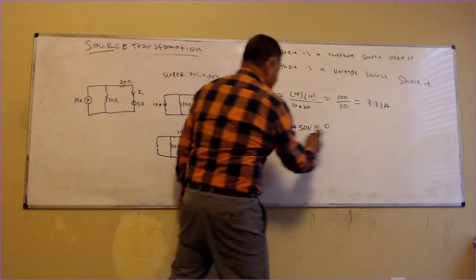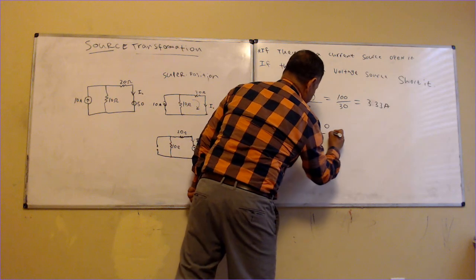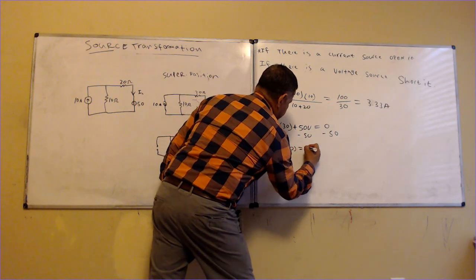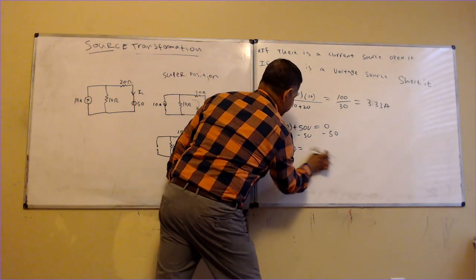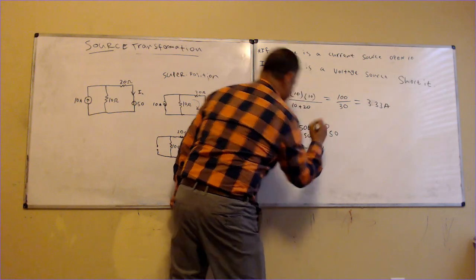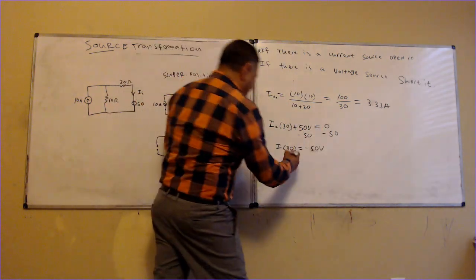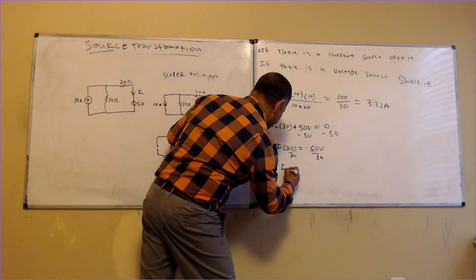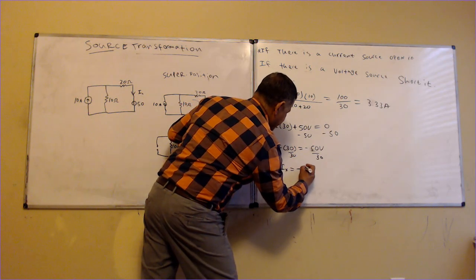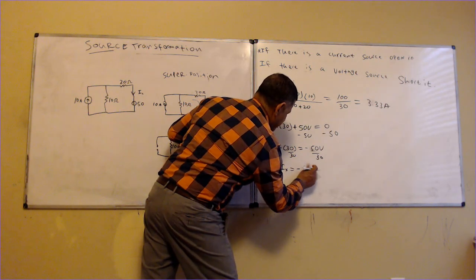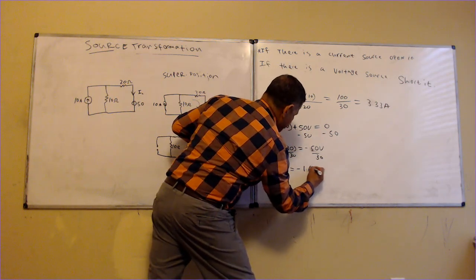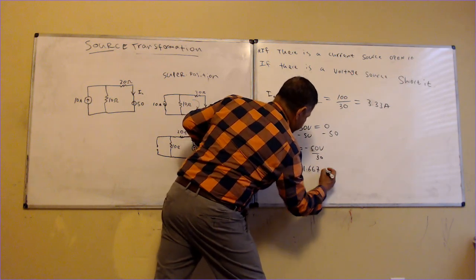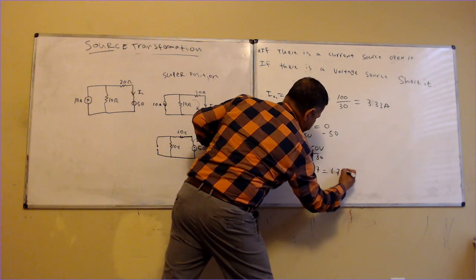Okay, so now I subtract that 50 volts to the other side and I get Ix2 times 30 is equal to negative 50 volts. Divide that by 30 and I get that Ix2 is equal to negative 1.667, which is approximately negative 1.7 amps.